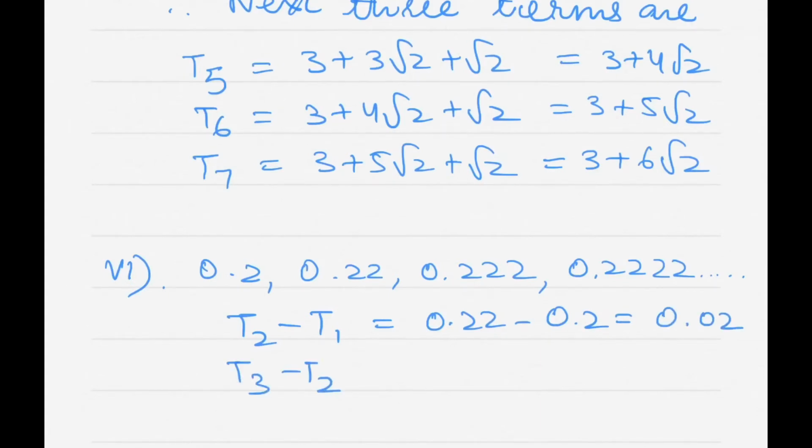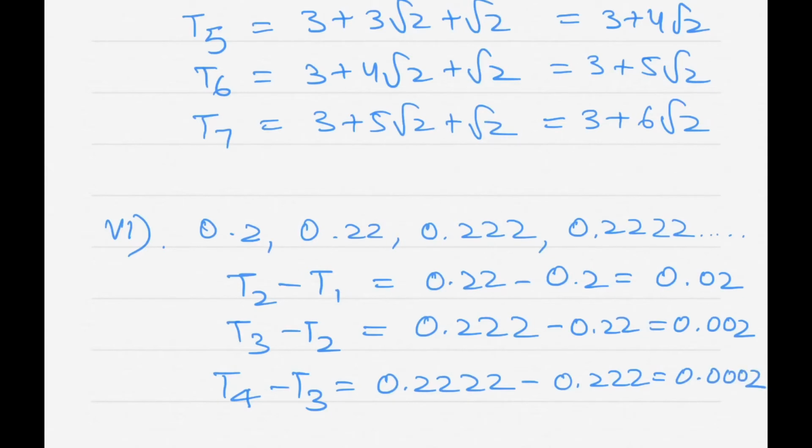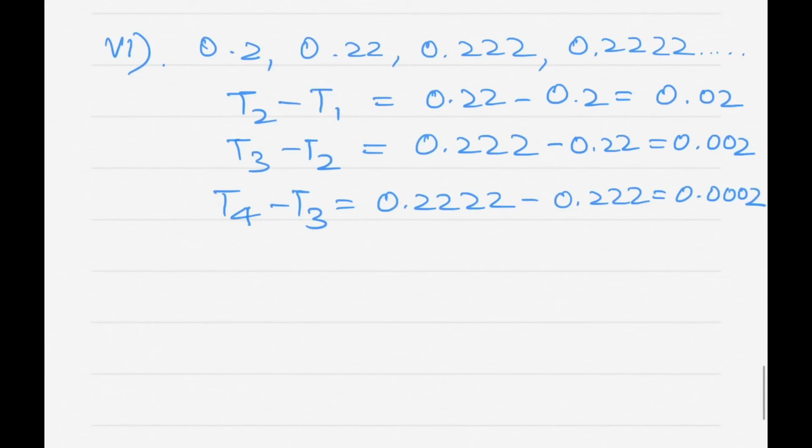T3 minus T2 will give me 0.222 minus 0.22, so this will give me 0.002. Then T4 minus T3 will give me 0.2222 minus 0.222, so this is 0.0002. Right? So no, the common difference is not same.